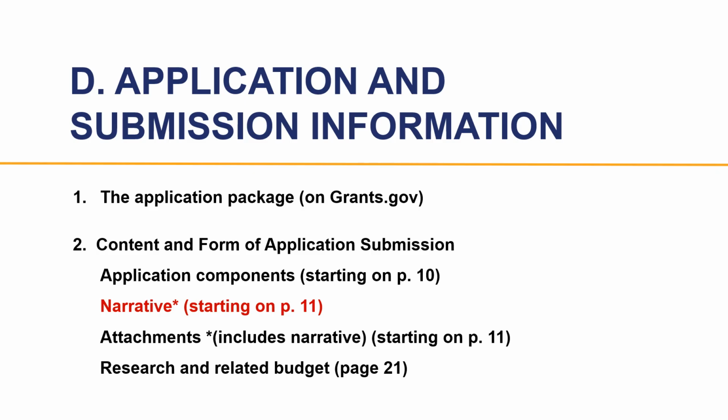There are also additional attachments that we ask for, things like a separate work plan attachment, a bibliography, some appendices, and then ultimately a sample of the work that you'll be doing for this program. There's more information about that further in.